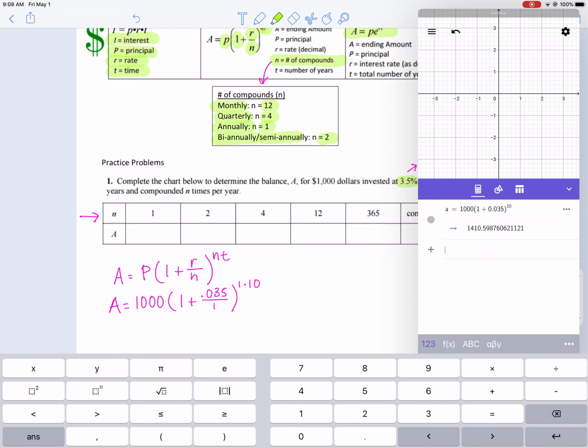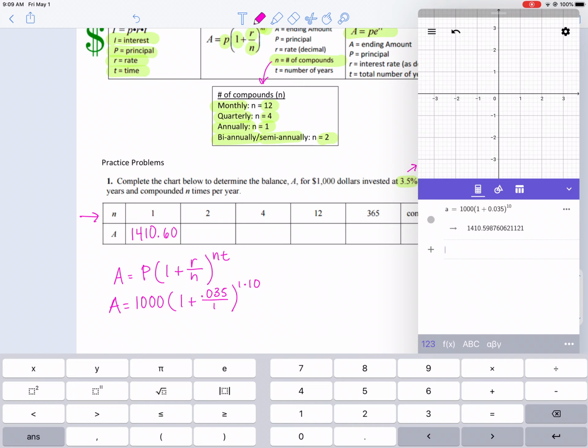And there's my number. I'm always going to round to the nearest cent when it's money. So that's giving me $1,410.60.